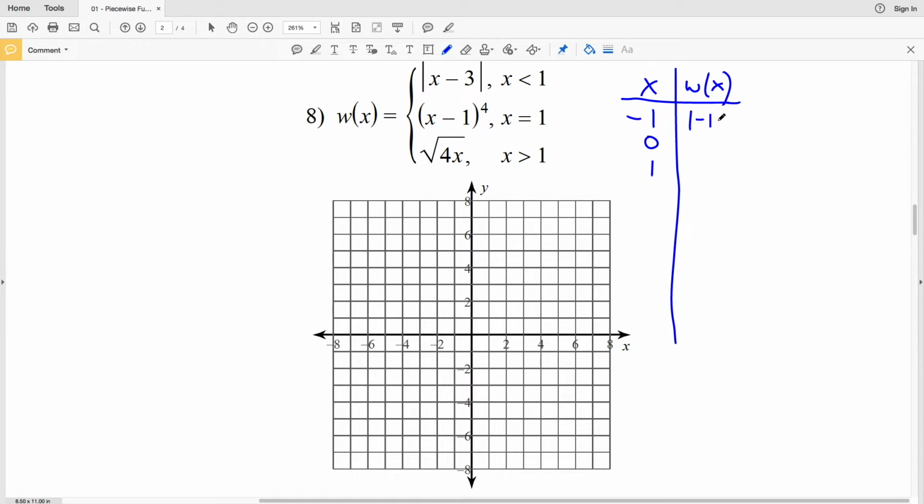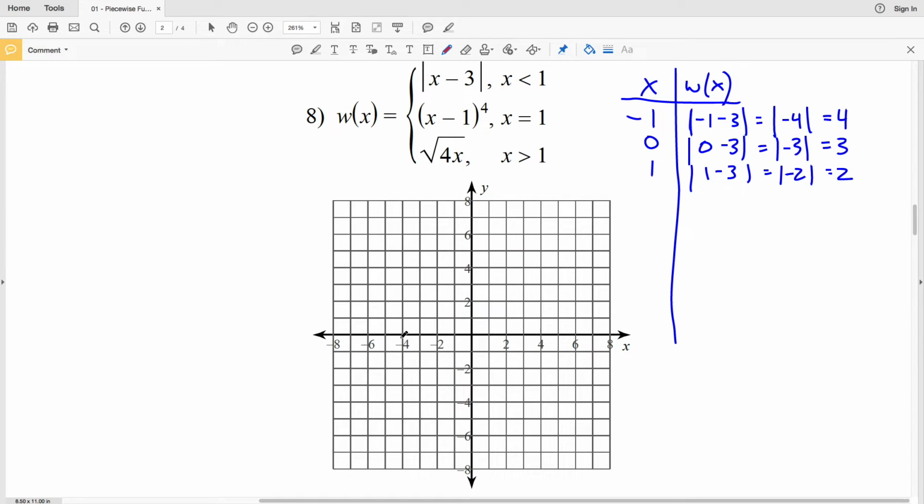The absolute value of -1 minus 3 is going to be the absolute value of -4, which is equal to a +4. The absolute value of 0 minus 3 is going to be equal to the absolute value of -3, which is a +3, and the absolute value of 1 minus 3 is going to equal the absolute value of -2, which is a +2. And remember that 1 is not included in the interval, so it's going to be an open circle.